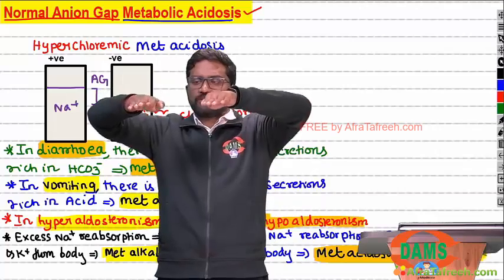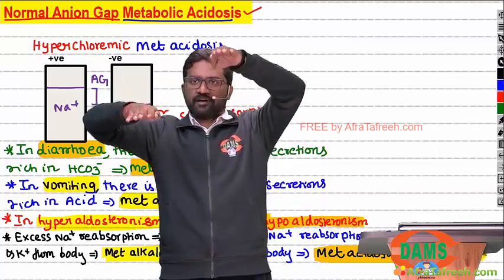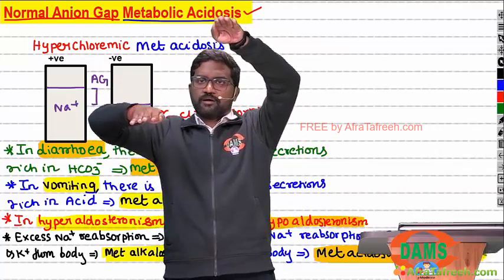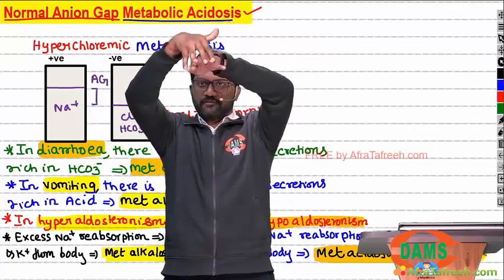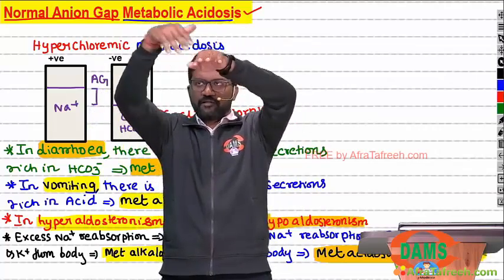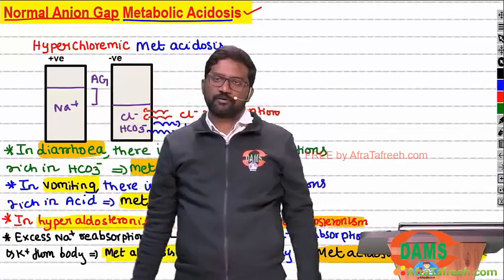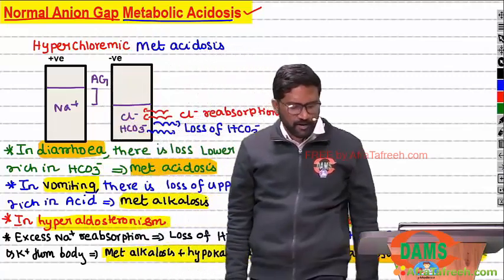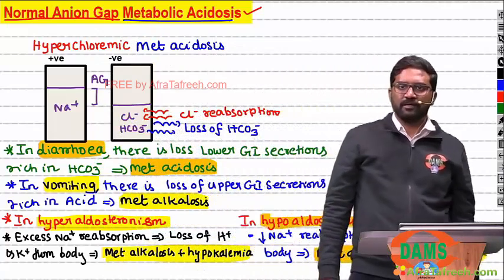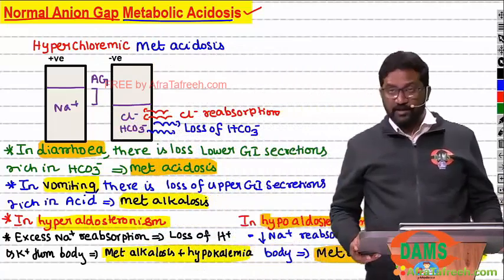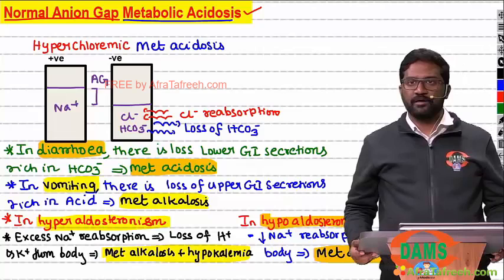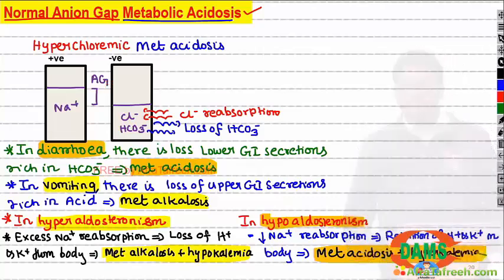If H plus has increased in your body, all the free bicarbonate will bind to this H plus. So any reduction in free bicarbonate is nothing but metabolic acidosis. In other words, H plus is a very strong acid, so gain in H plus is metabolic acidosis. Loss of H plus will be metabolic alkalosis.